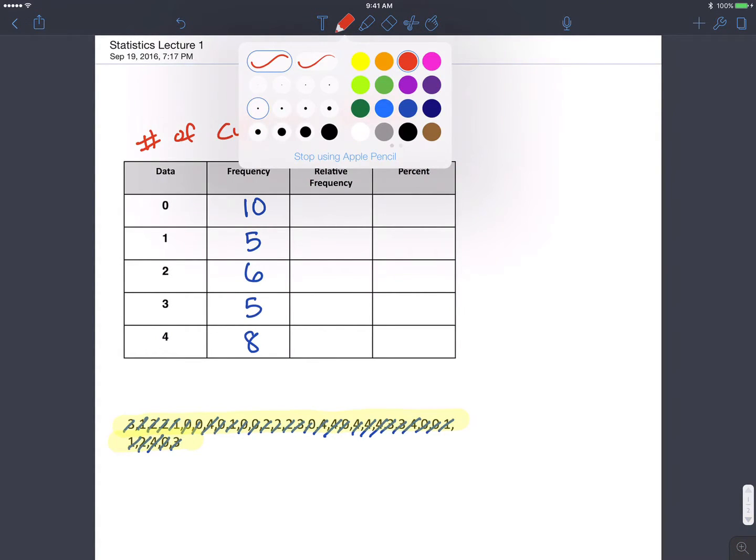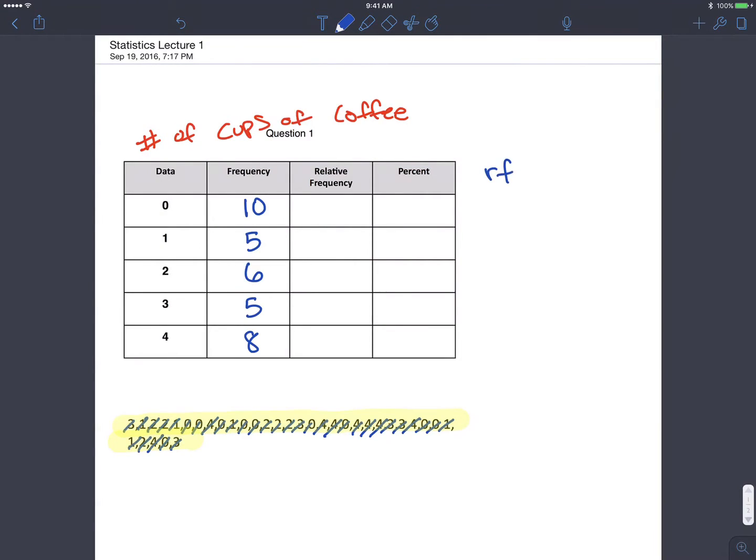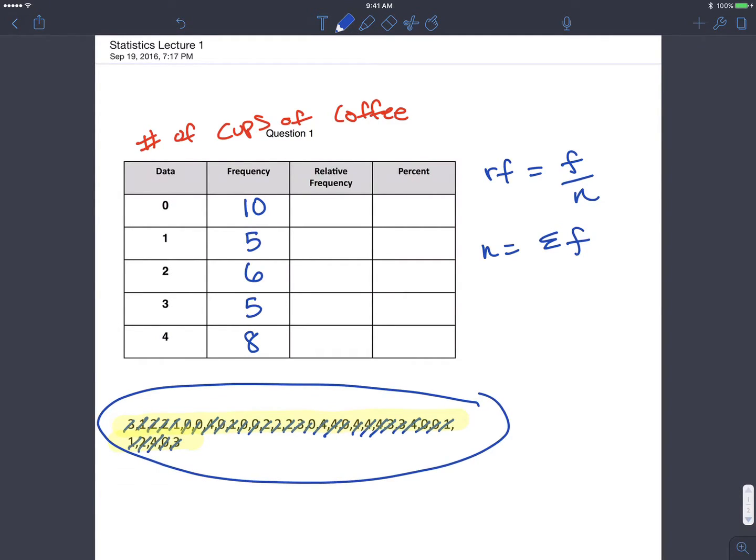Now, relative frequency, again, let's remember, is a frequency divided by the sample size. And the sample size can be determined by taking the sum of the frequencies or by counting the data you have here. A very simple way is to sum my frequencies, add all of these values.